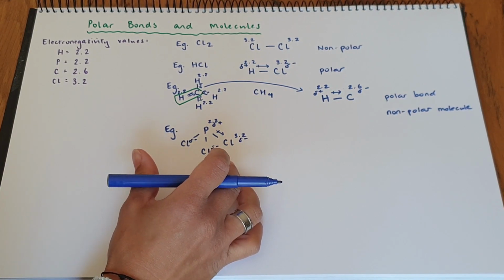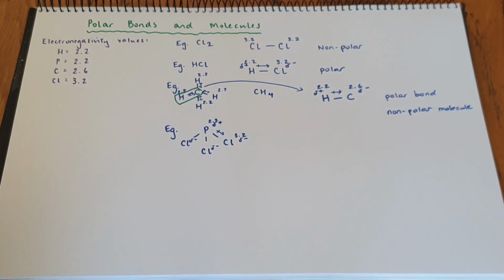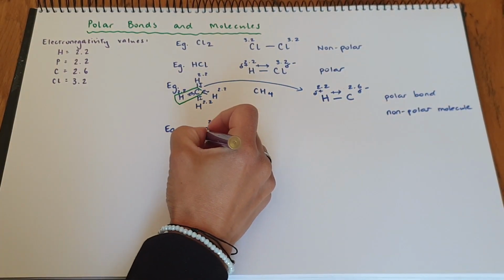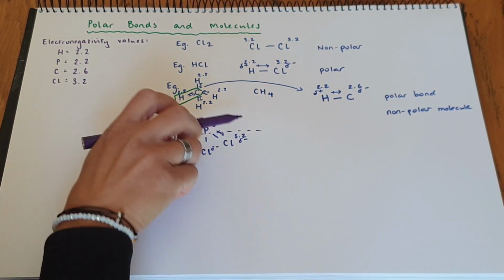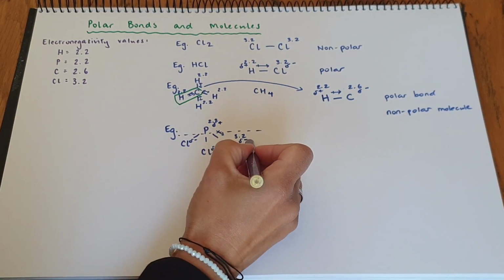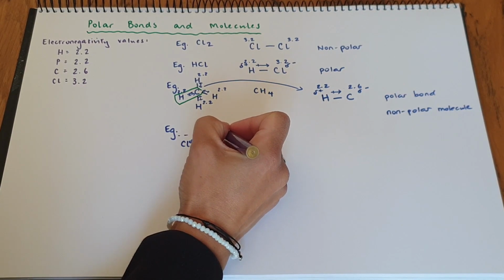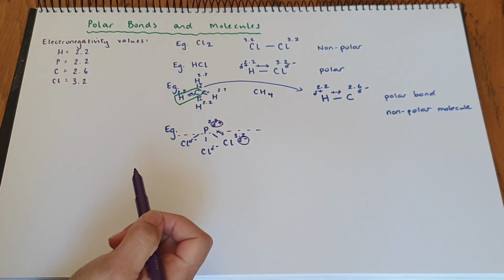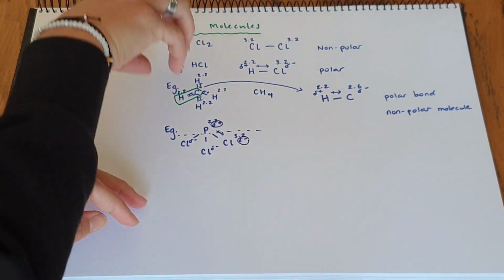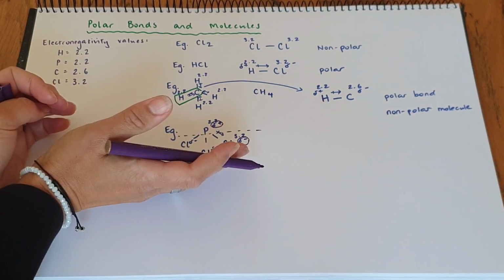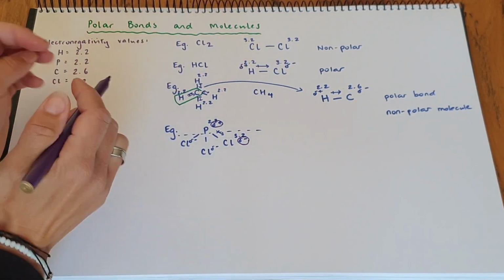We actually do have ends to it. An easy way to see that is if I put a dotted line to show you that this end of the molecule has this delta negative charge, and this end has a delta positive. Another molecule coming in can feel that this side is more delta negative and this side is more delta positive.